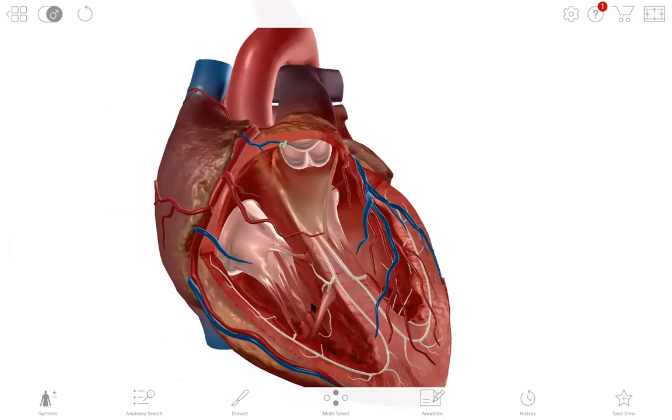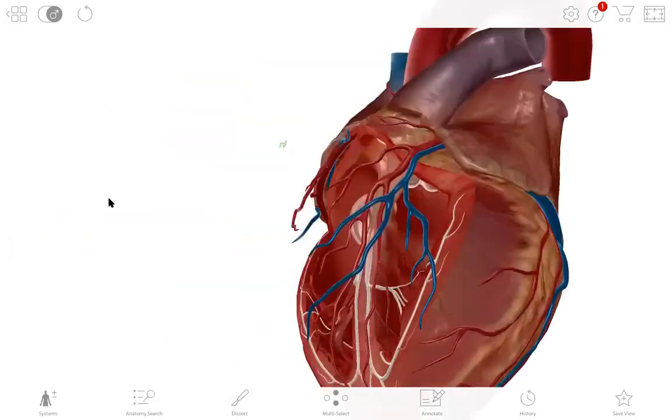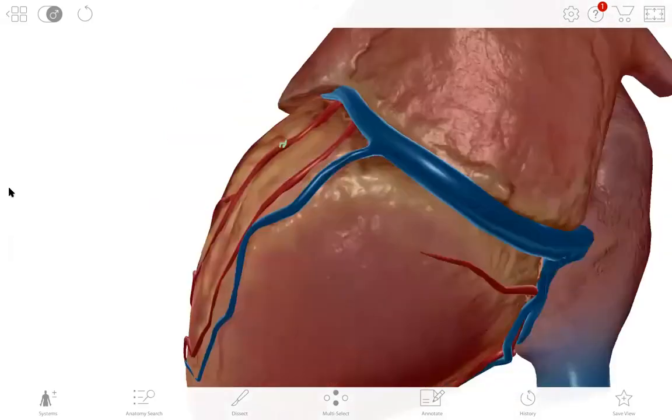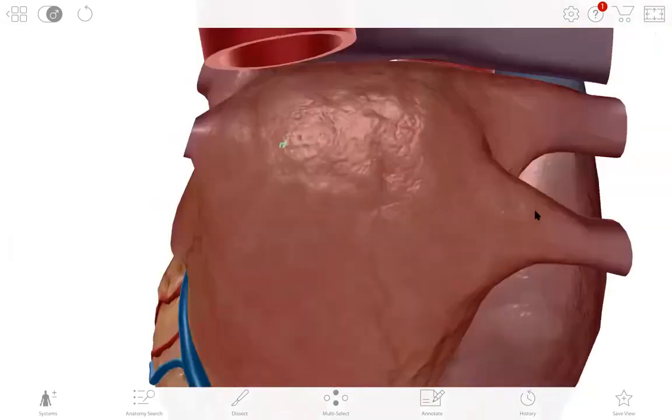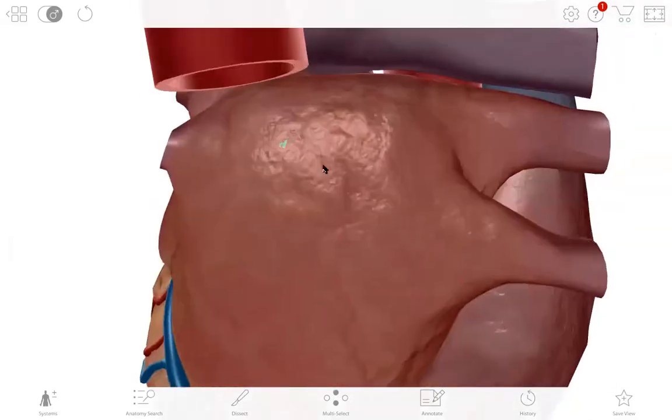In the right ventricle, the blood will be pumped through the pulmonary trunk to the pulmonary arteries, to the pulmonary circulation in the lungs, in order to exchange carbon dioxide for oxygen, and the oxygenated blood will return to the left atrium through the 4 pulmonary veins.